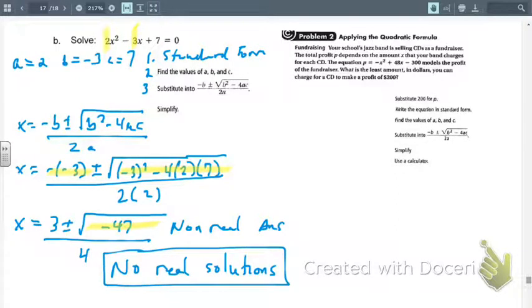Okay, and we'll get to this in the next part of the lesson, but when what's underneath the square root is negative, as is the case here, you're going to have no real solutions.